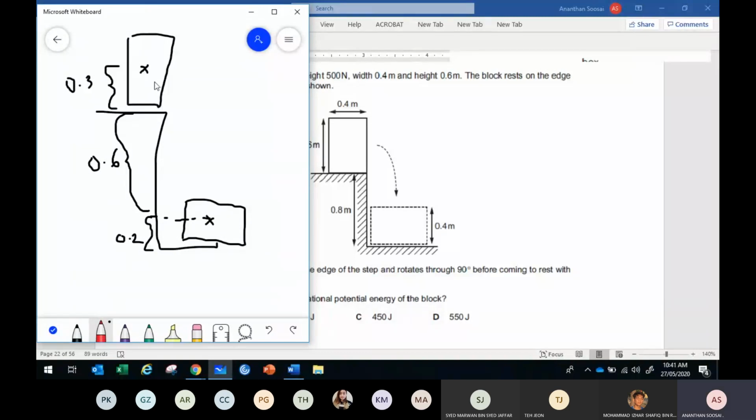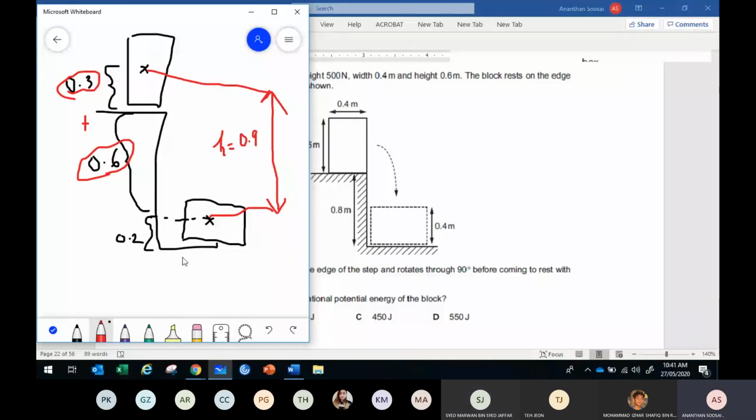So the conclusion: from here to here, this is the height you're supposed to use. So the height is how much? 0.6 plus 0.3, so the height is actually 0.9.